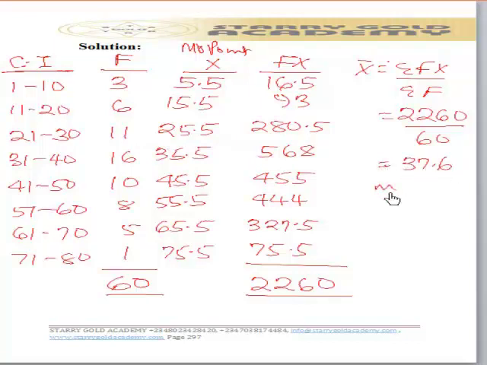Approximately our bar x, that average loan disbursement, is 38. So if it is in thousands of naira, that would be 38,000 naira. So the average loan disbursement is equal to 38,000 naira. So that is the solution to that particular question.